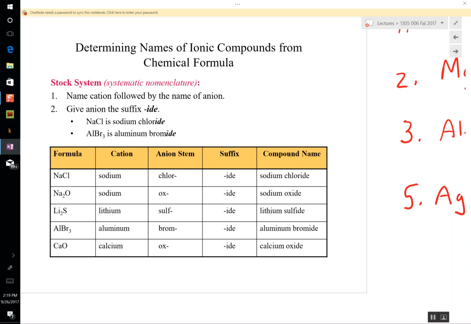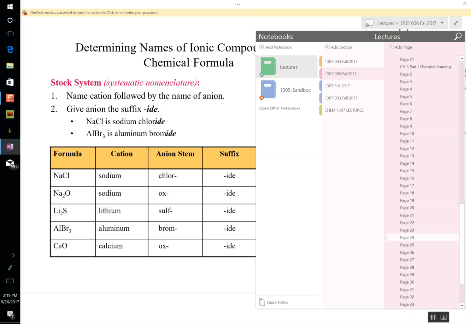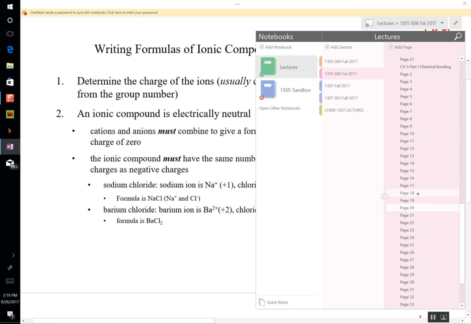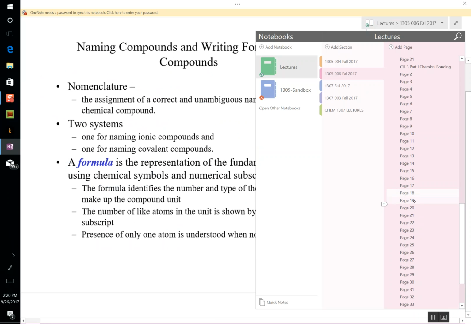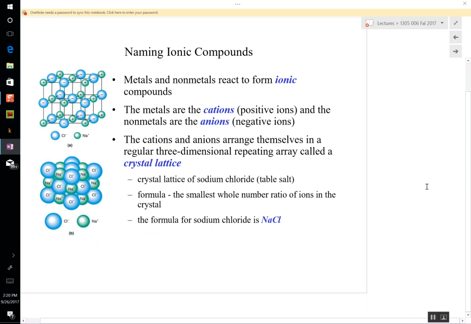Let's see if I can find this slide. Just remember that these ionic compounds, yeah, there we go, are not molecules. They are big crystals. So salt is a crystal that has a 1-to-1 ratio of sodium to chloride ions.